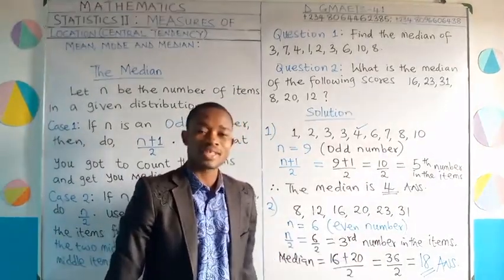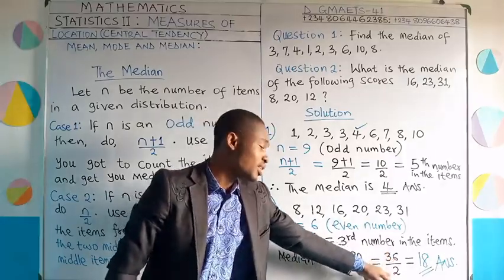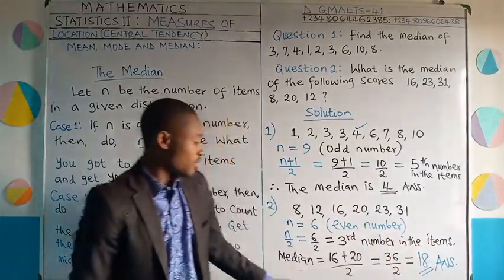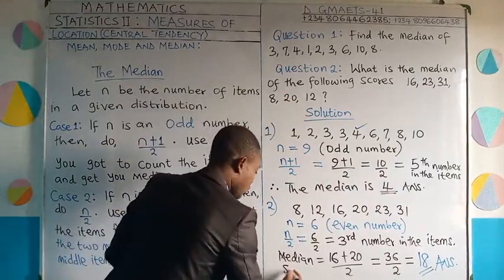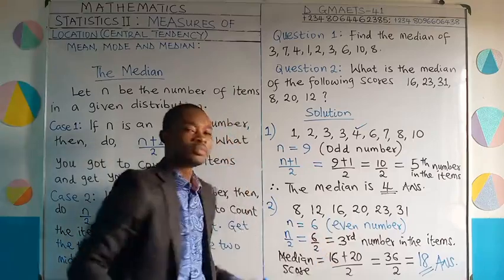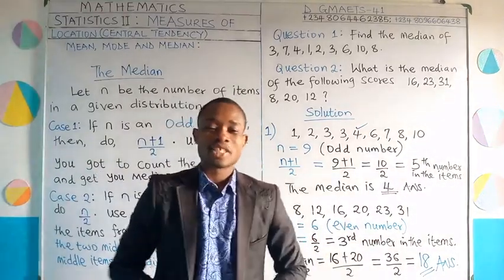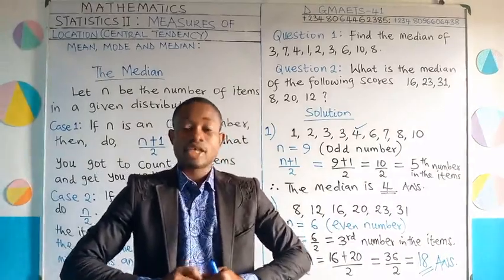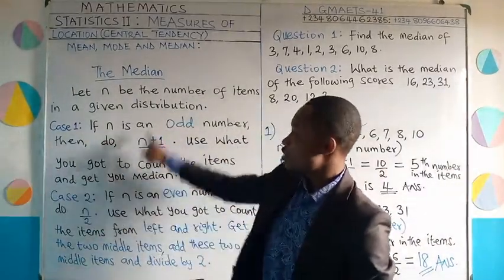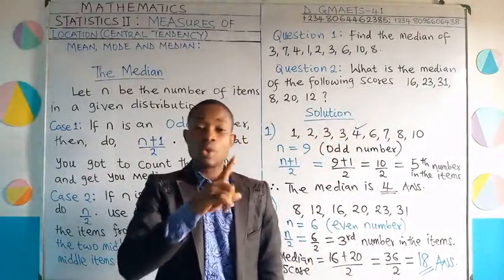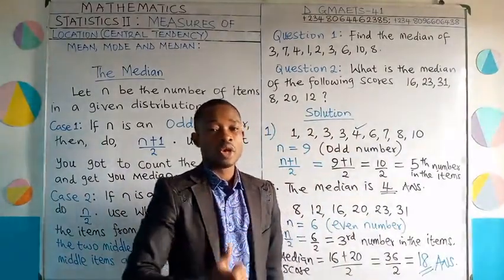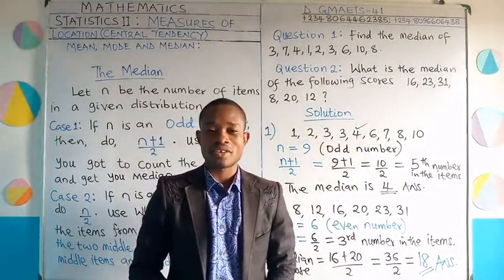Solve this out. 16 plus 20 is 36. 36 divided by 2, you get 18. So the median score for this is 18. So that is how we solve problems on median. Please take note of these cases. You must check for them, and for whichever one applies, you now know what to do in getting your answer.